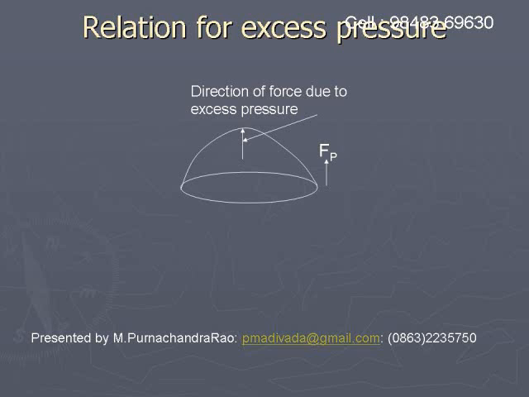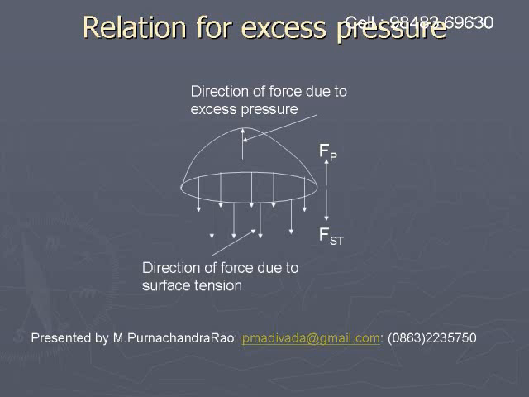If we consider a hemispherical droplet, as shown in the figure, the force due to the excess pressure acts in the upward direction, and the force due to surface tension acts in the downward direction.